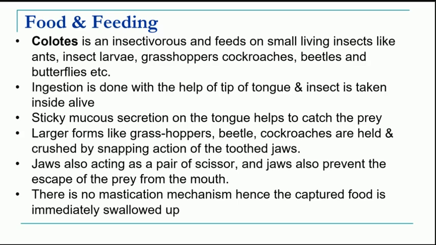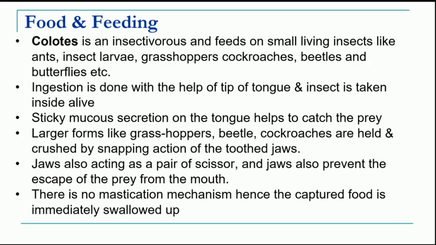So the first step of the food and feeding is the ingestion. So ingestion of the food material takes place with the help of the tongue. So as we have seen, the tongue of the Calotes is protrusible. It comes out of the mouth cavity and it can easily stick the insect on its tip. So with the help of the tip of the tongue, the insect is taken inside alive.